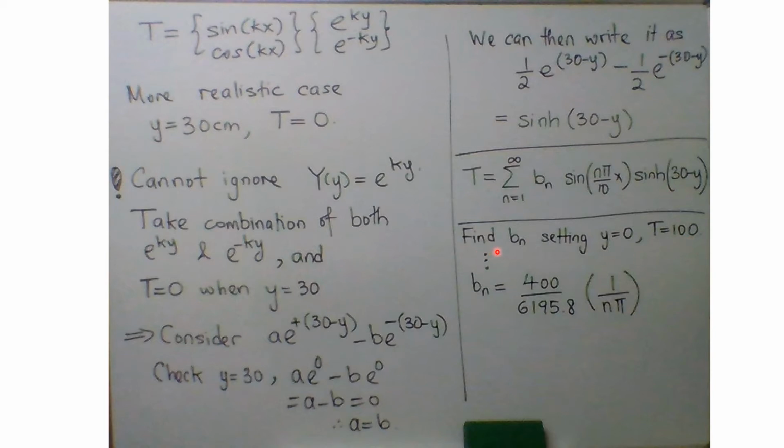So you can pause the video now and try to solve this on your own, and you should get the value for Bn to be 400 divided by 6195.8. So this is sinh 30 divided by n pi. Right, so this is the solution that you should get.